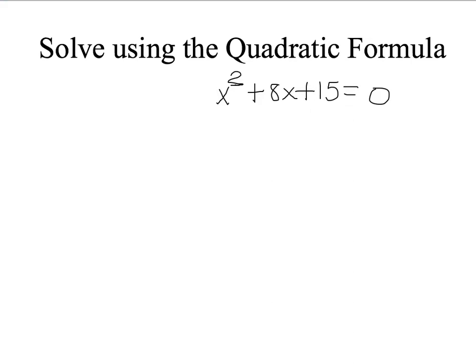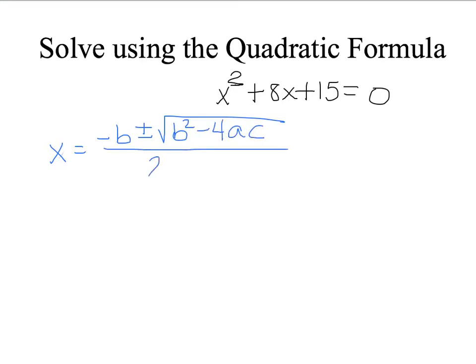Our first quadratic, x squared plus 8x plus 15 equals 0. We're going to solve using the quadratic formula. The quadratic formula is x equals negative b plus or minus the square root of b squared minus 4ac all over 2a.